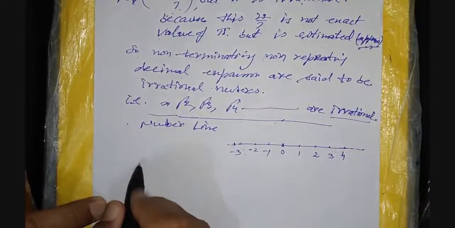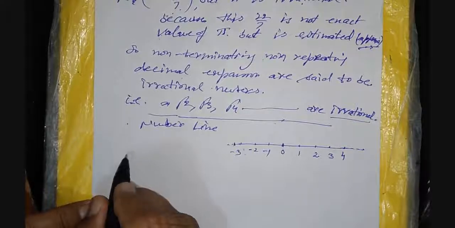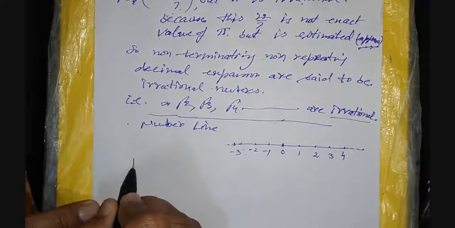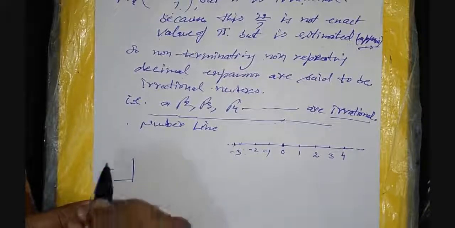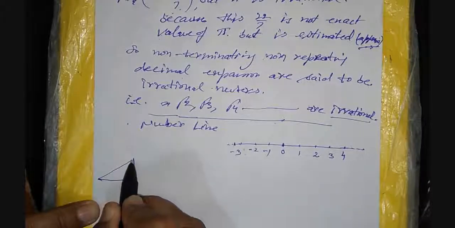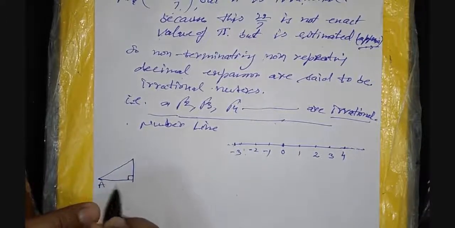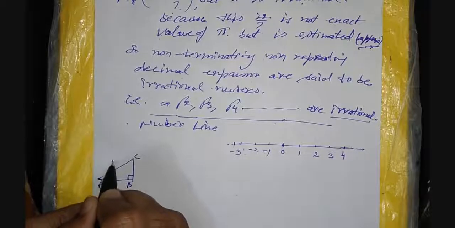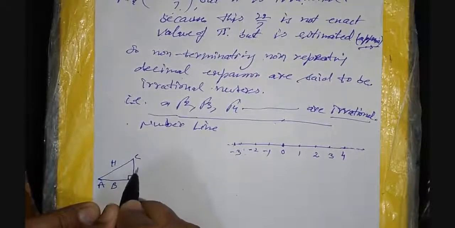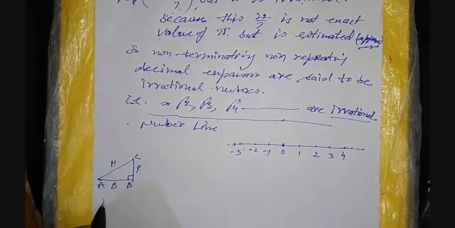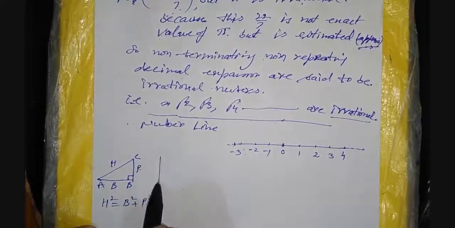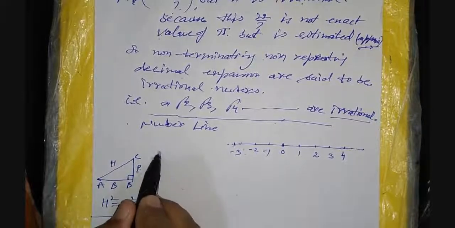First of all, we have to remember the Pythagoras theorem, which is the result generated from a right angle triangle. This is the hypotenuse, this is the base, and this is the perpendicular, and the result is hypotenuse square equals square of base plus square of perpendicular.